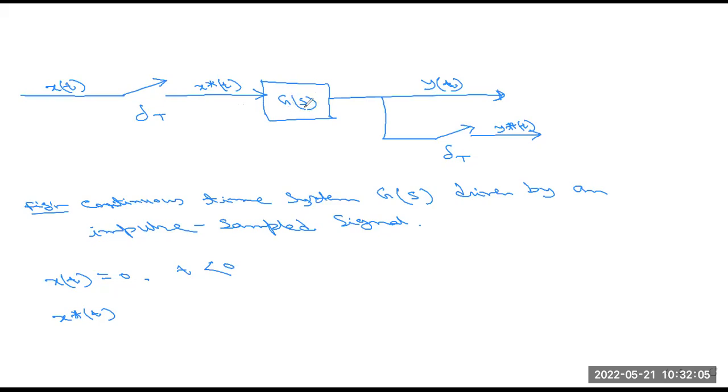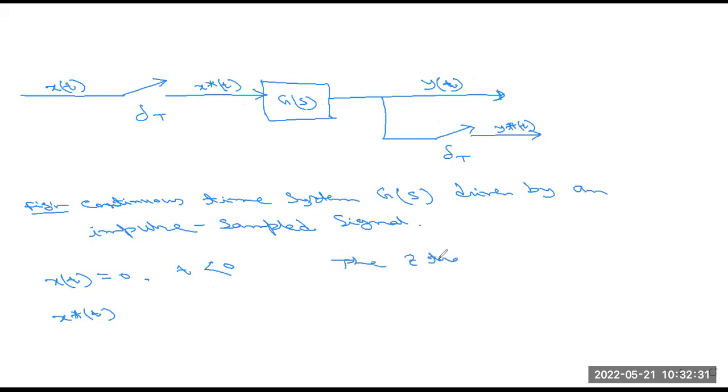The output of the system is assumed to be the continuous time signal, that is y(t). This is the output, and another output we have to attach here, that is a sampler, that is y asterisk of t. This is the sampler output.